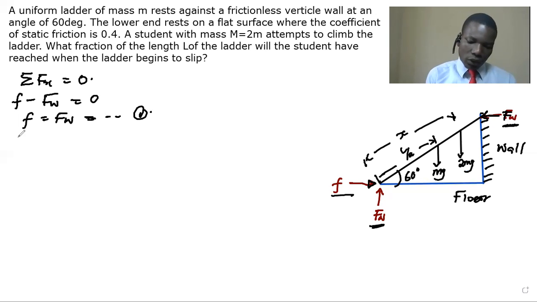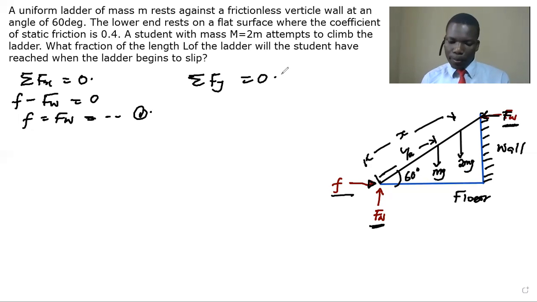Then the summation of forces in the y should also give us 0. In the y we have the normal force that the ground is exerting on the ladder, pointing in the positive direction, and the other two forces, the weight of the ladder and the weight of the student.